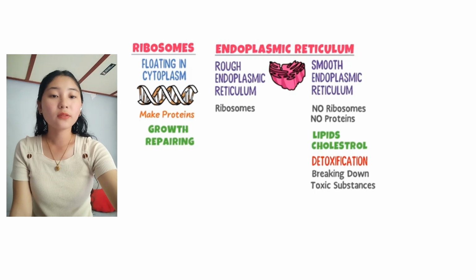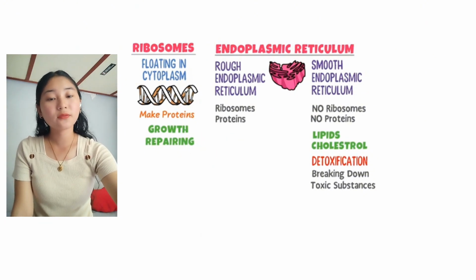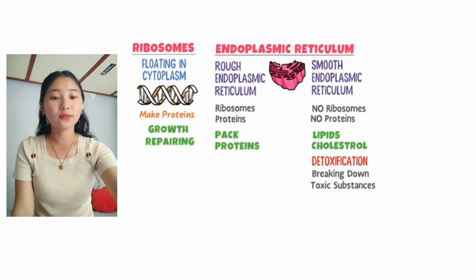Now, coming to the rough endoplasmic reticulum, it contains ribosomes and ribosomes form protein. Then what is the function of rough endoplasmic reticulum? Well, it helps the ribosomes to produce proteins. Also, rough endoplasmic reticulum packs or encloses the proteins in vesicles.